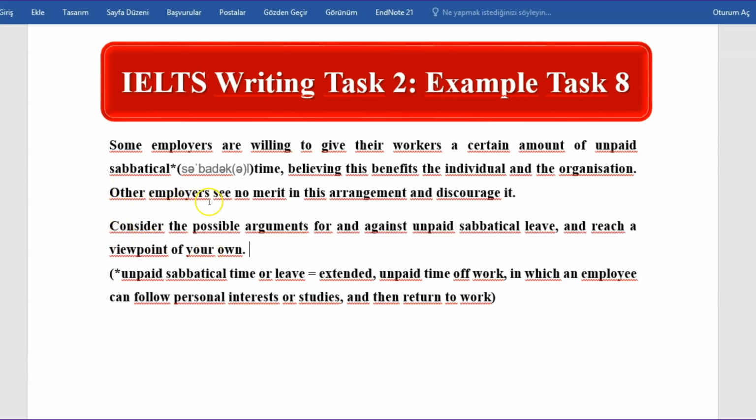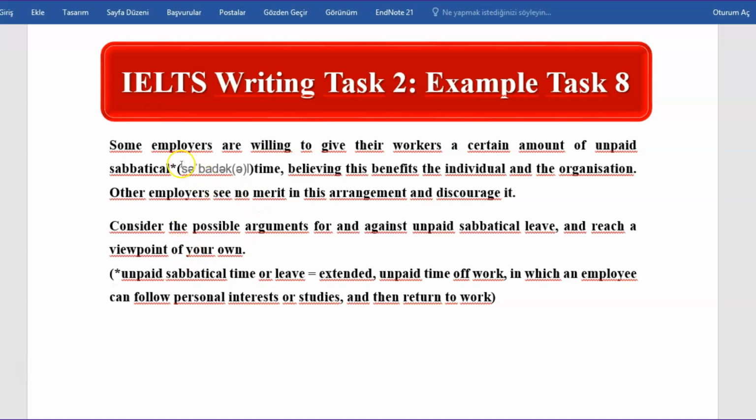Other employers see no merit in this arrangement and discourage it. Consider the possible arguments for and against unpaid sabbatical leave and reach a viewpoint of your own.